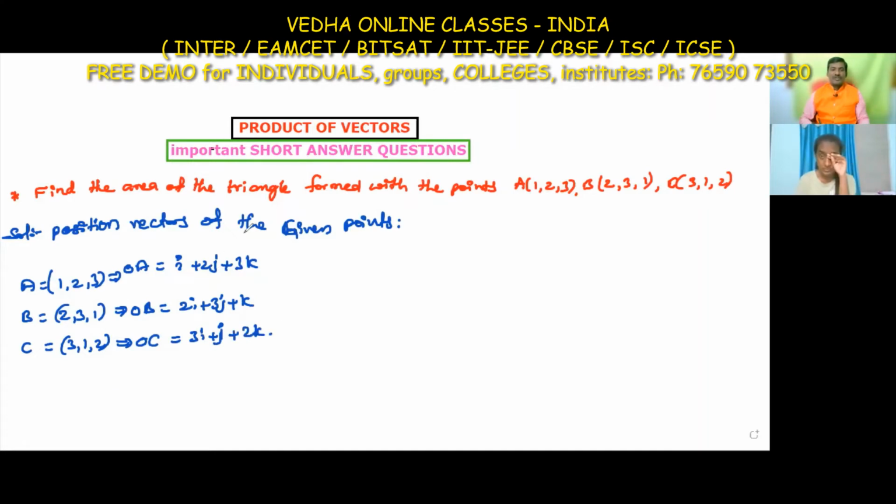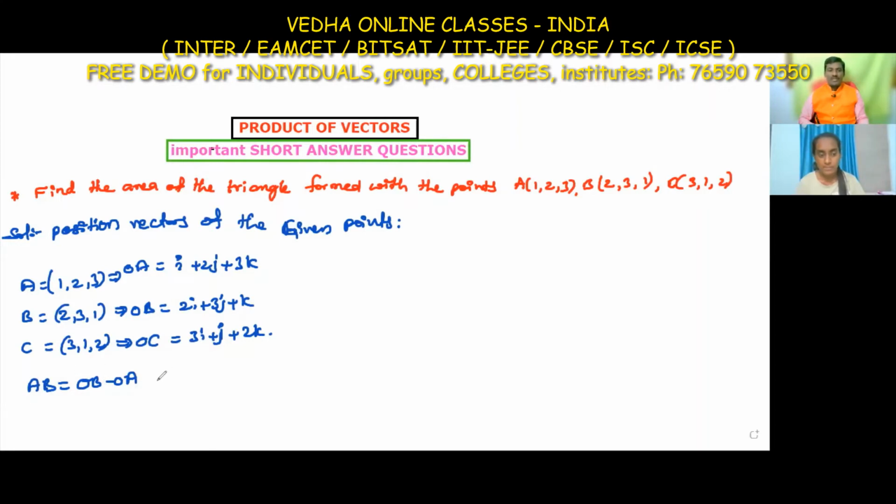Very good. After finding the position vectors, now I am going to find AB. AB is nothing but the position vector of B minus the position vector of A, OB minus OA.